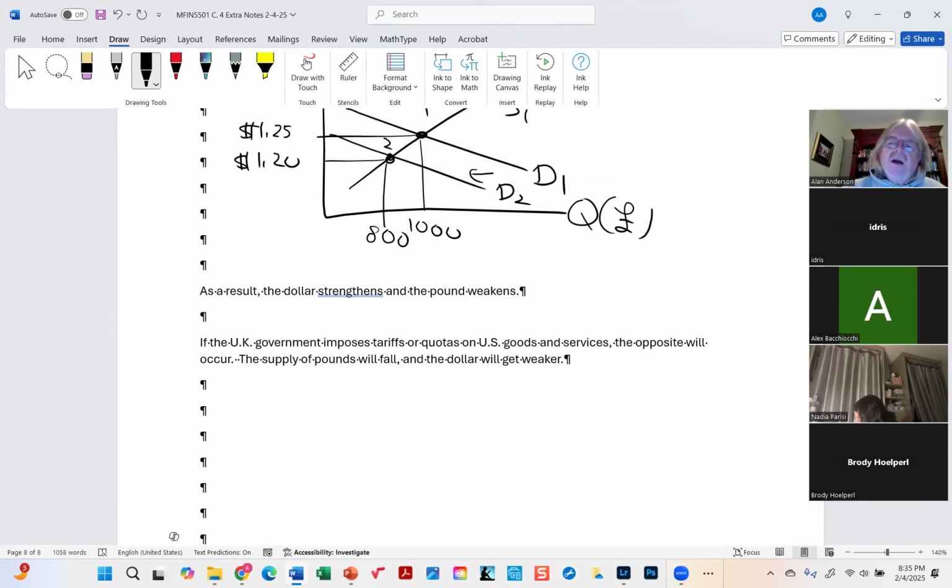So as the British find that American goods are more expensive, they buy fewer of them.